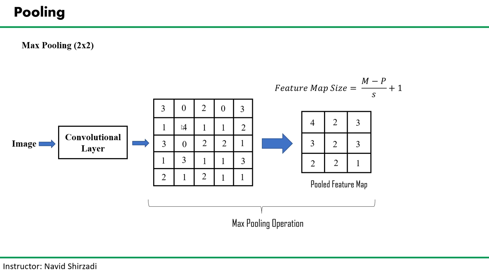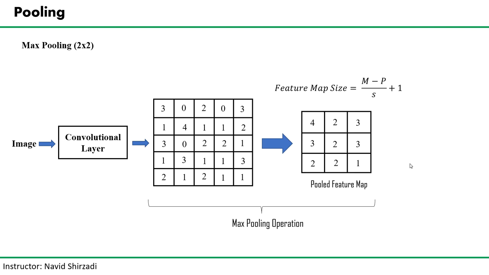For example, 4 plus 3 plus 1 is 8, divided by 4 numbers. So 8 divided by 4, and we put 2 here. Instead of getting the maximum value, we get the average value and put it in our pooled feature map. That's mean pooling. In this course I usually use the max pooling method, but feel free to use mean pooling as an exercise.